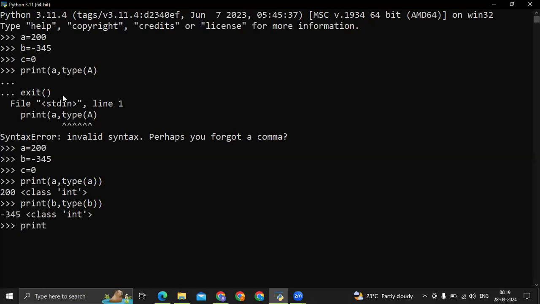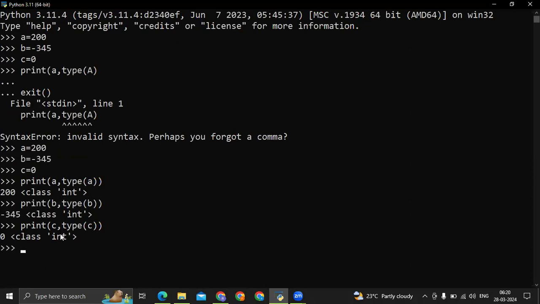Now print C, comma, type of C. So what type of data is it? This is class int. int is one of the predefined classes which comes under the fundamental data types. A is equal to 200, B is equal to minus 345. Although it is a negative integer value, it will be displayed as an integer value.